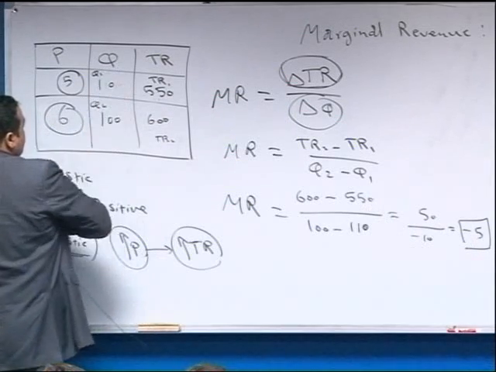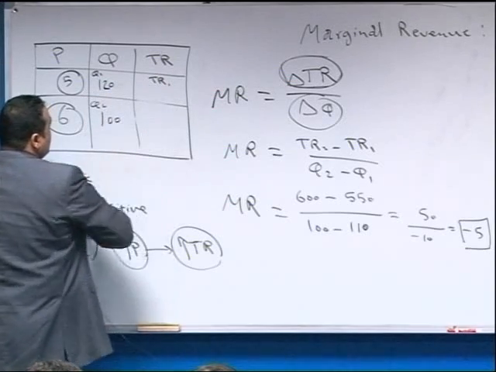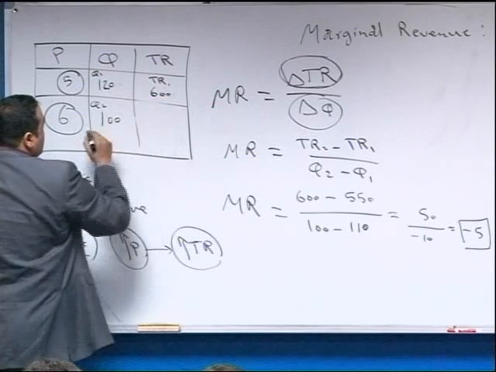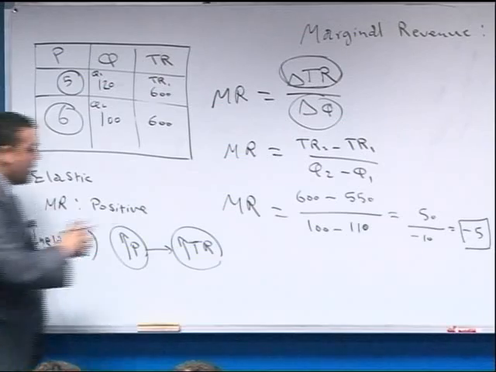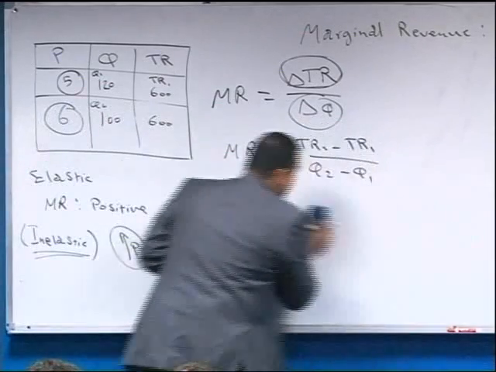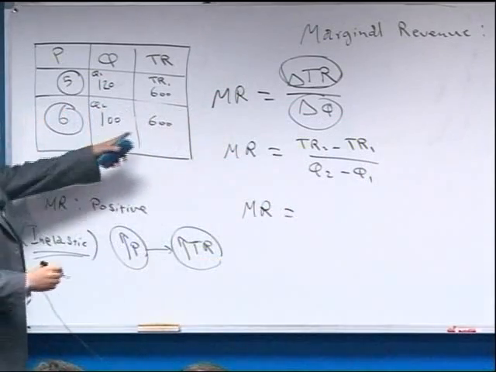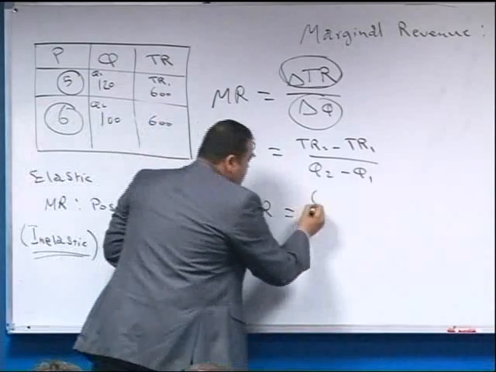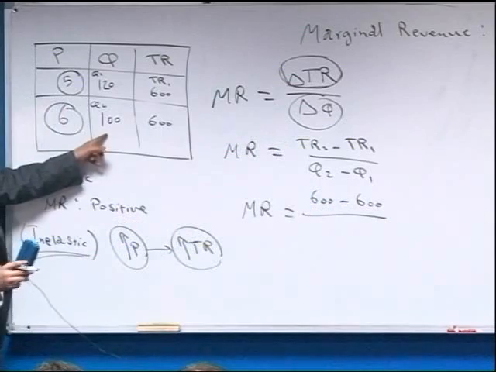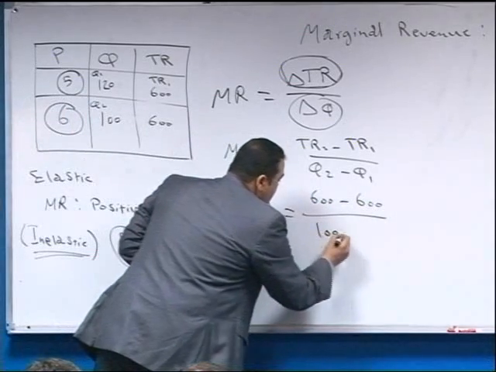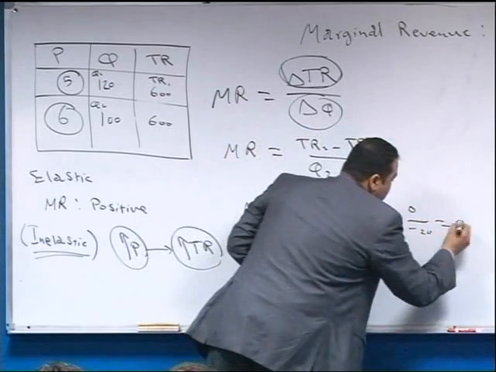120. In this case, the total revenue equals 600. MR equals TR2 minus TR1, 600 minus 600 over 100 minus 120 equals 0 over minus 20 equals 0.